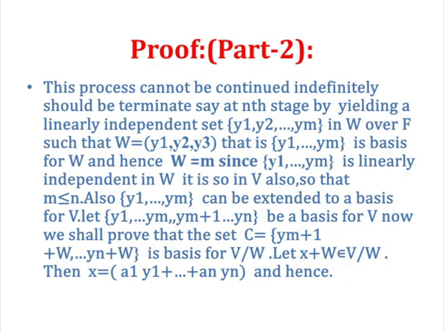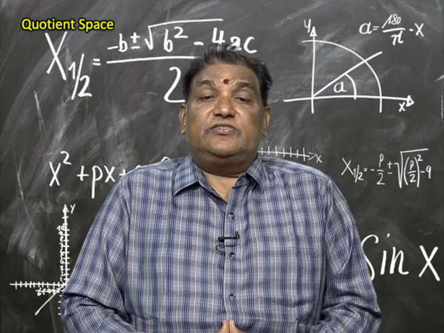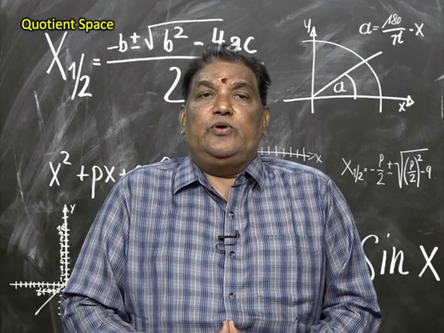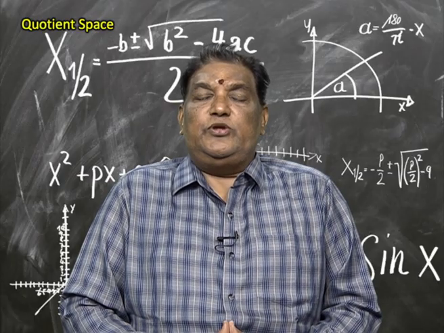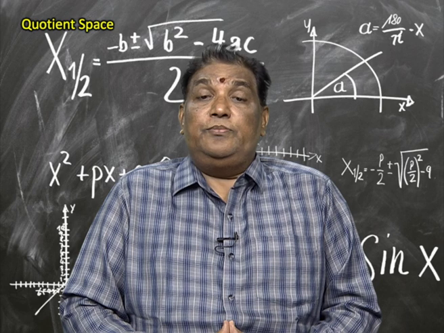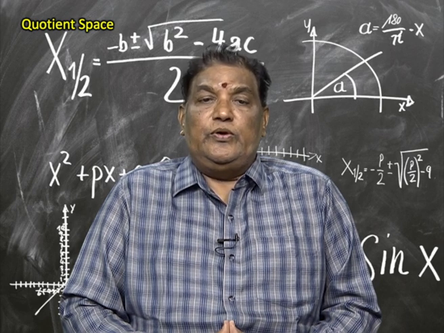Let y1, y2, ..., ym, ym+1, and so on up to yn be a basis for V. Now we shall prove that the set C = {ym+1 + W, ym+2 + W, ym+3 + W, ..., yn + W} is a basis for V/W.